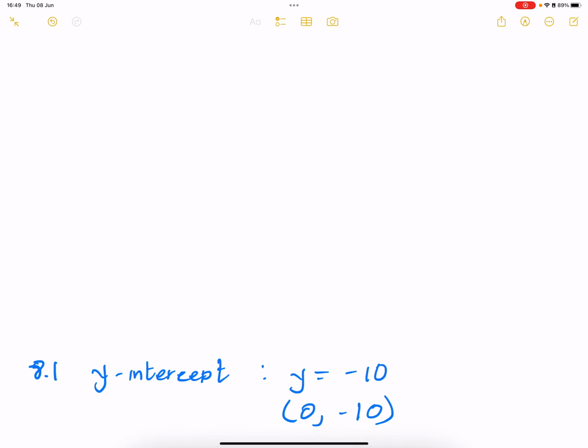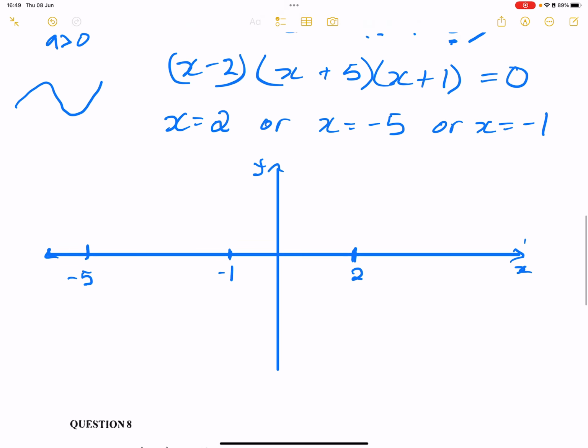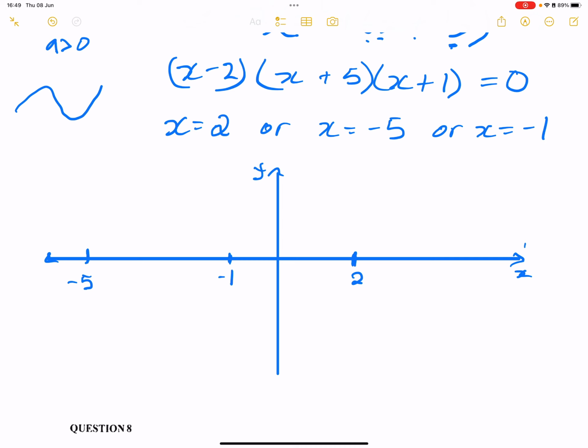So that's negative 3.4, it should be somewhere there, and 20.8. So that's where our maximum is.